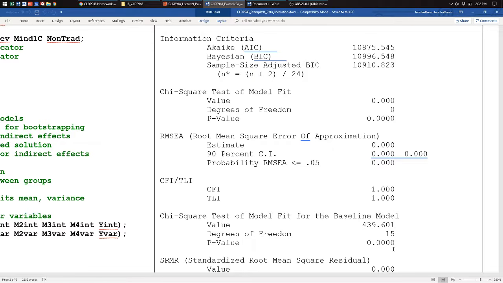Hey, I like that. I can't add any more lines. Yes. I have put in every possible relationship that there could be. I know that because right here, 0 degrees of freedom. I can't put in any more lines. I like that.